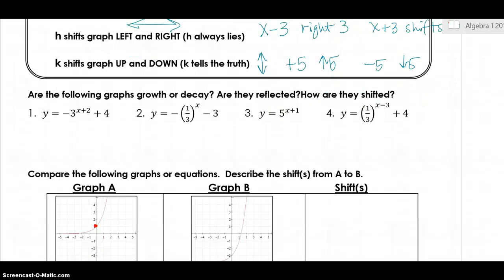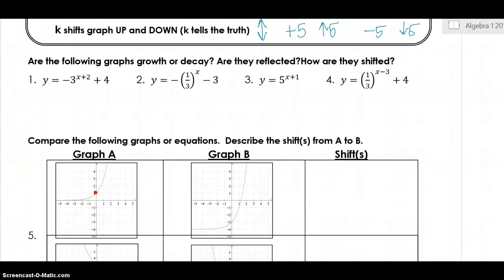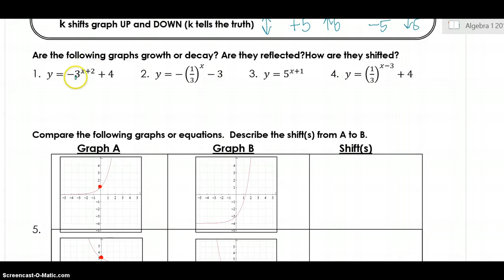Okay, so are the graphs growth or decay? What you are going to be looking for in the equation is this number right here that has the exponent on it. The base of the exponent is what you are going to be looking at. So, if the base of the exponent is greater than 1, it's growth. But if it's less than 1, it's decay.